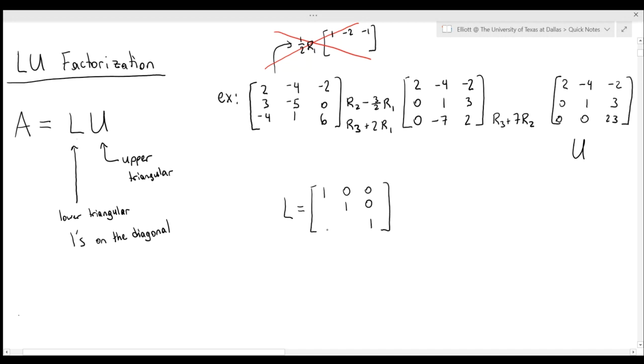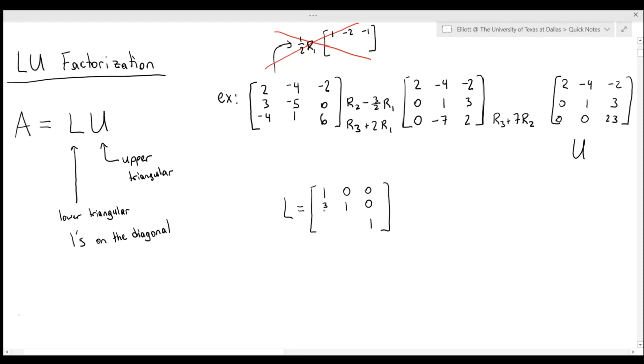Now, in order to get the remaining 3 entries, you can actually get them directly from your row operations. So specifically looking at the coefficients that you use here in the row operations, take the coefficients and just change the sign and place them in the corresponding entry of L. So here are the -3 halves that I have.